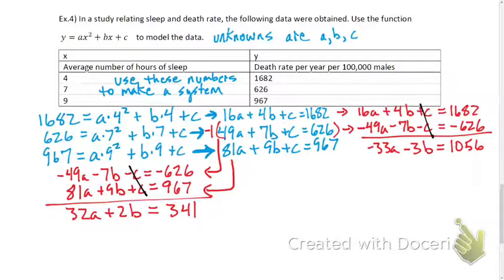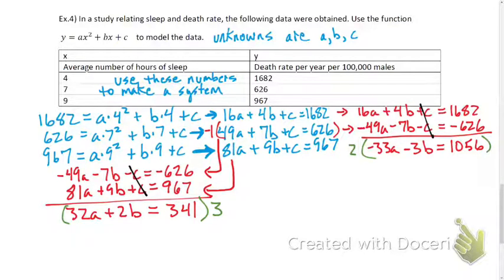Now step 3, I take my two new equations and make a variable cancel out. I would make the b's cancel out because 2 and 3 have a common multiple of 6. So I can multiply this equation by 3 to get 6b, and I can multiply this equation by 2.